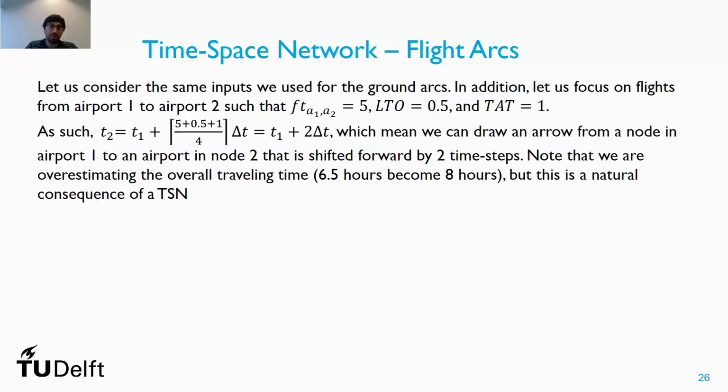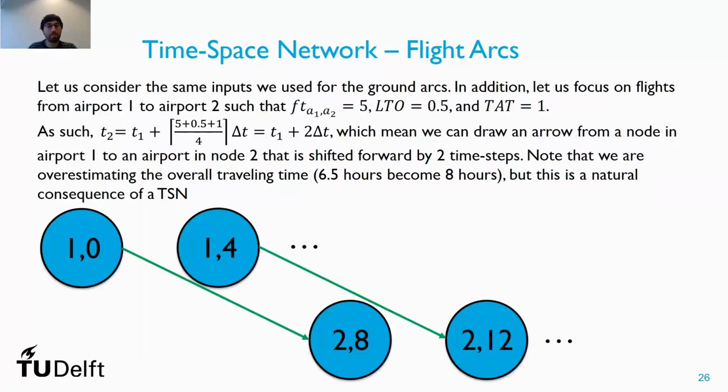But actually 6.5 is not a multiple of 4, which means that for us, this flight, which overall would take 6.5 hours, is overestimated to 8 hours. But this is a natural consequence of a time-space network, and we have to deal with that. Of course, the larger our time step, the coarser, to some extent, the approximation.